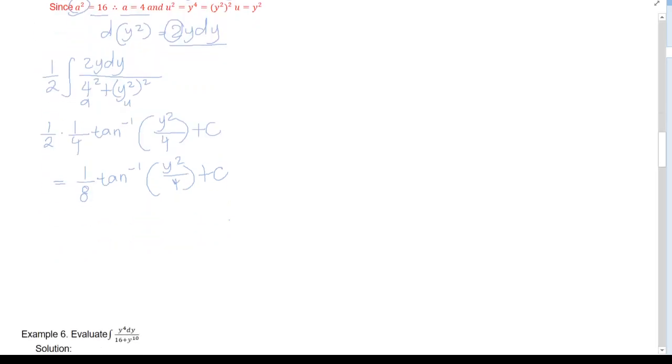Simplifying this further, it will give us 1 all over 8 arctangent of y squared over 4 plus c. So that is our final answer, the integral of y dy over 16 plus y raised to 4.